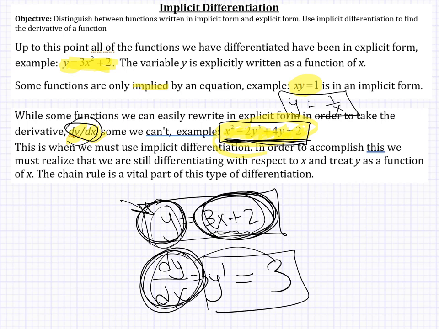So what we're going to do is we're basically going to be using the chain rule. And we're going to be treating y as a function of x, and we're going to apply the chain rule to that function of x, thinking of this as inside and outside function, like we do with the chain rule.